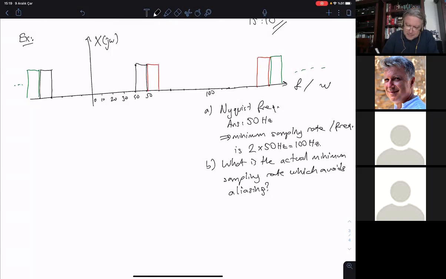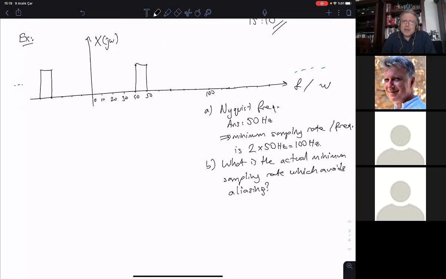Because as you see, we have actually only this one, and this one will repeat itself to the right-hand side and to the left-hand side, and at some certain positions of repetitions, in fact, there will be no overlap.